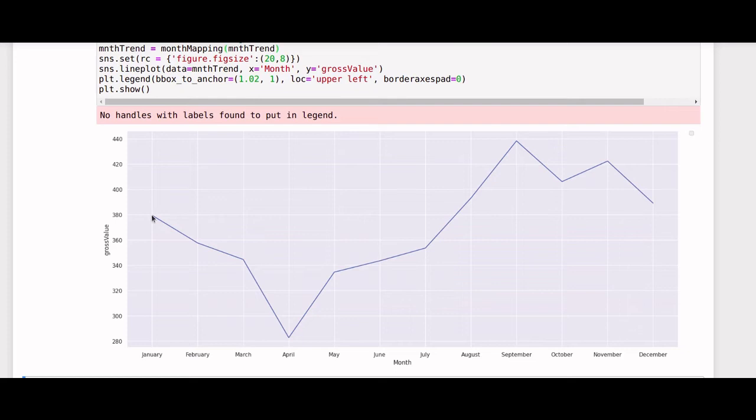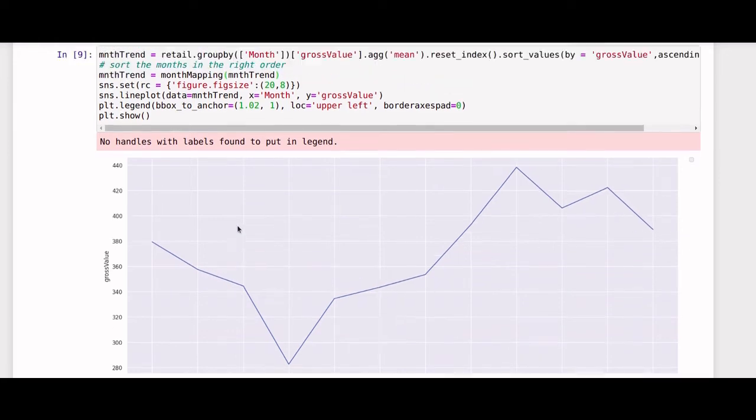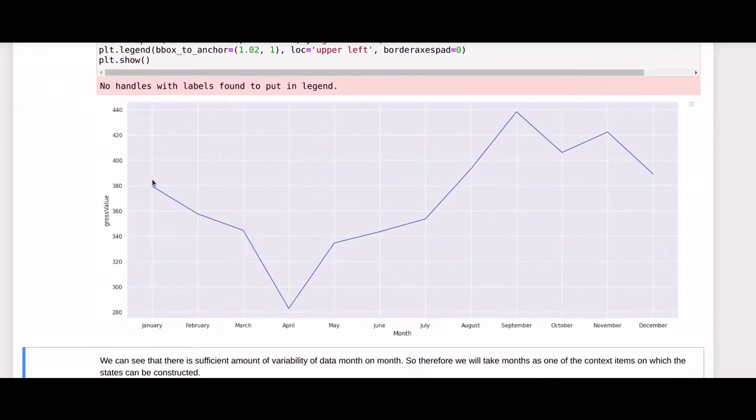We can see there is a distinctiveness in the buying across the months. From the January peak, it goes down to a trough, which is reached in April, and then there is an upward trend by the end of the year. So we can see there is variability across months. It's not constant across every month. So obviously a month is a kind of state which we can easily adopt, because there is a bit of variability. So we can adopt month as one of our states.